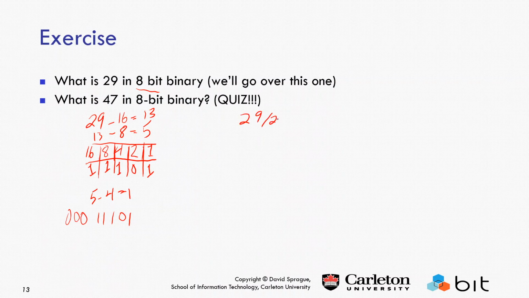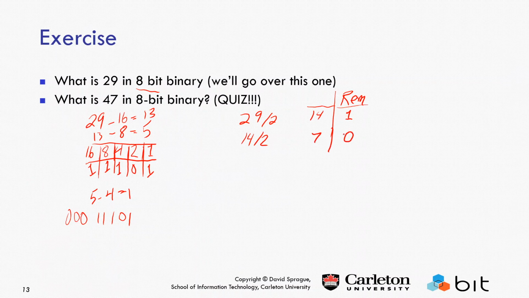29 divided by 2. I'm going to have a remainder column. So, and then this is where things get a little bit hairy. So that's going to be 14. 14 times 2 is 28. And then there's going to be a remainder 1. 14 divided by 2, that's going to give me 7.